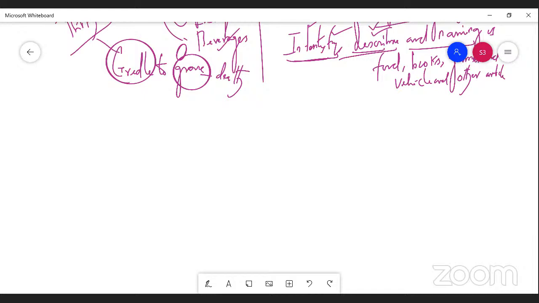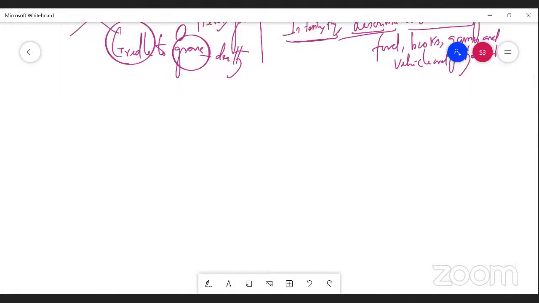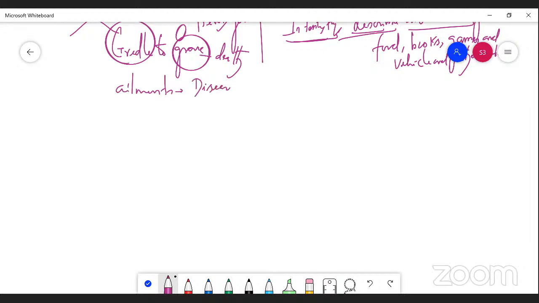What do you mean by ailments? Ailments are commonly called diseases. So plants are used for the cure of a number of diseases. Okay, next.